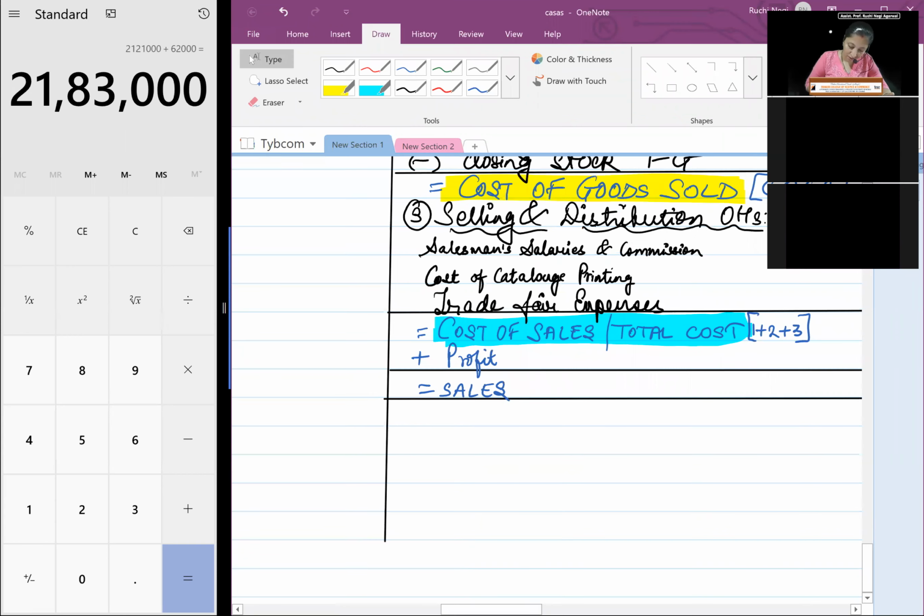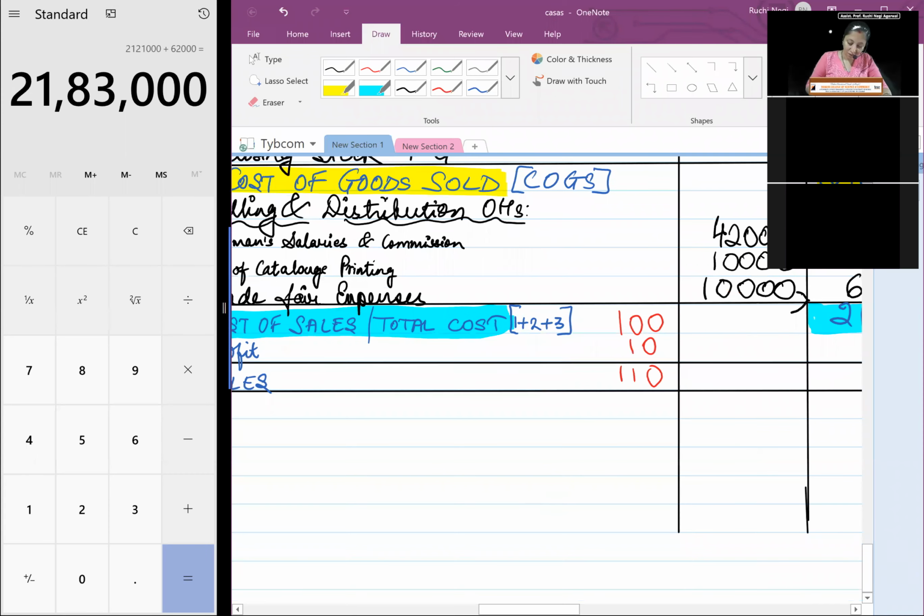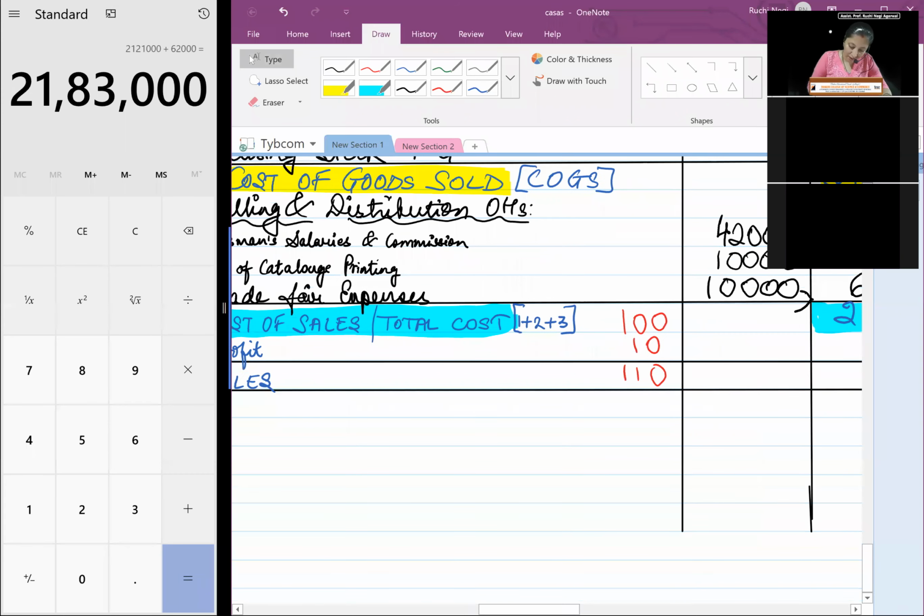So this information we will use here. See, same thing. Cost of sales means total cost. So I'm taking this as 100, this is 10, so my sales is 110.